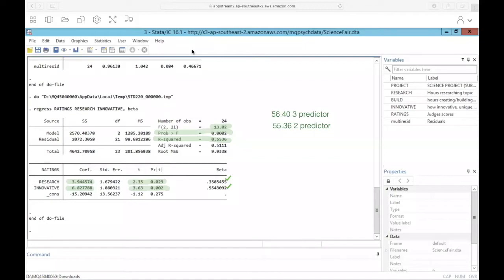To determine this, all we have to do is fill in the regression equation.